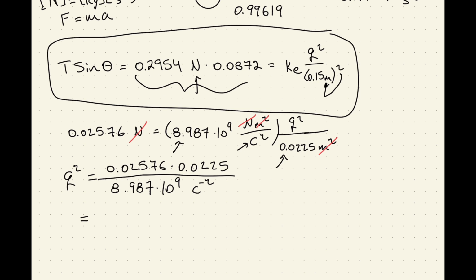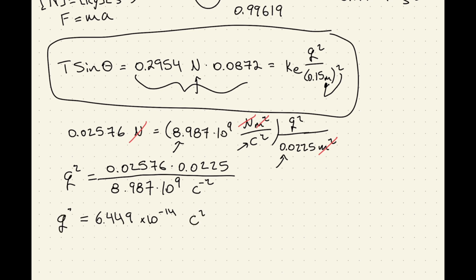Now we can calculate this. I'm going to plug into my calculator 0.02576 times 0.0225. Divide all of that by 8.987 times 10 to the 9. Boom. What we get is 6.449 times 10 to the negative 14. This coulombs to the -1 is in the denominator, so I can bring it to the numerator and it'll just be coulomb squared.